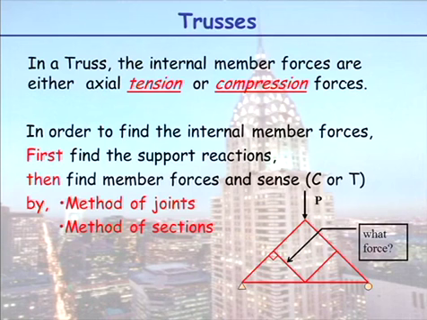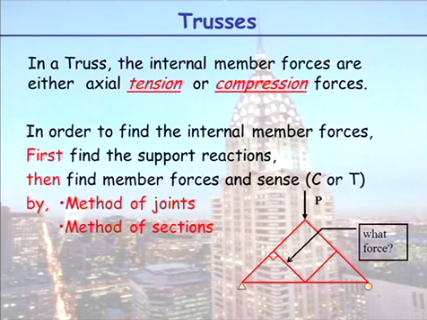Okay, so that is equilibrium now under control, and now we're going to move on to trusses. So hopefully you remember a truss is a triangulated structure, and internal forces in truss members are only tension or compression, they're axial only, and that is because of the assumptions we make that all the joints are pinned.